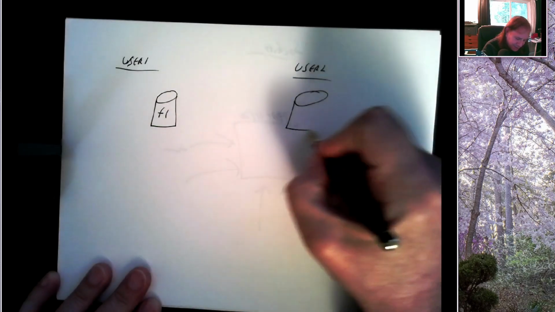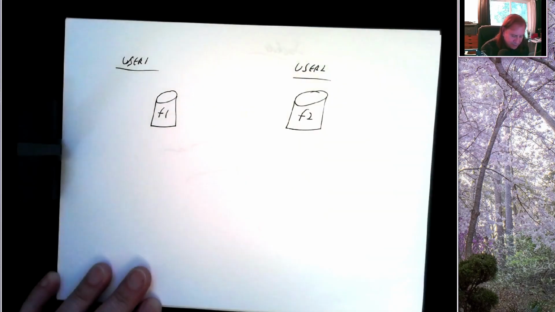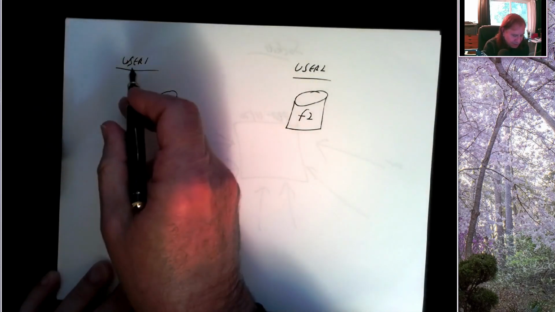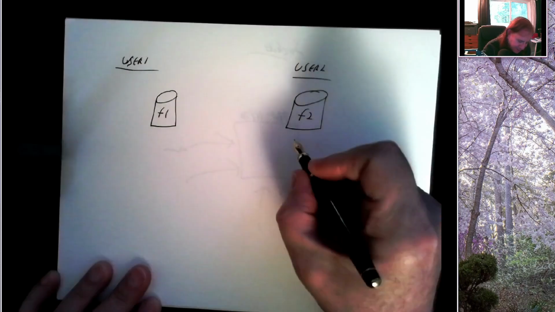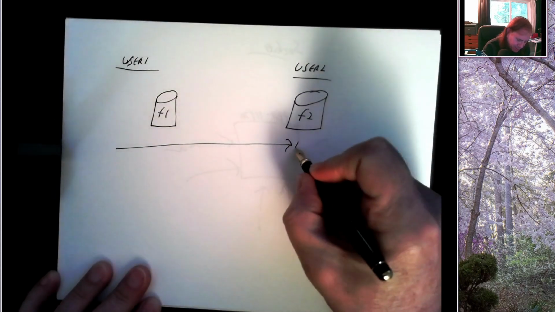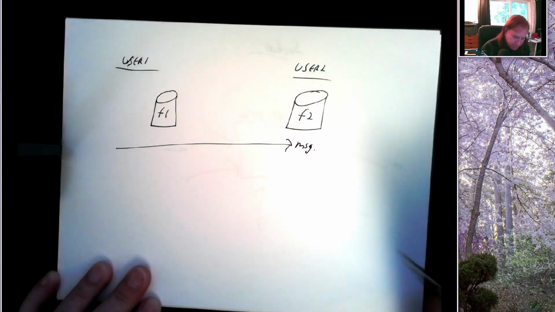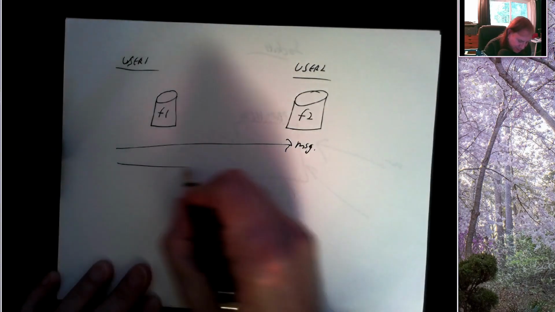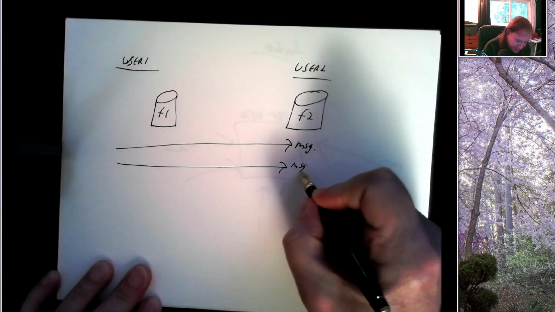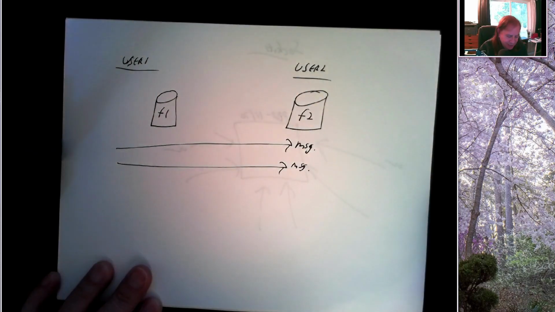And there's a file sitting over here, and we'll call it file F2. So when user 1 wants to send a message to user 2, they open up this file, and they put a message in. And if they want to send a second message, maybe they open this up and they put another message in, so they append to the bottom of the file.